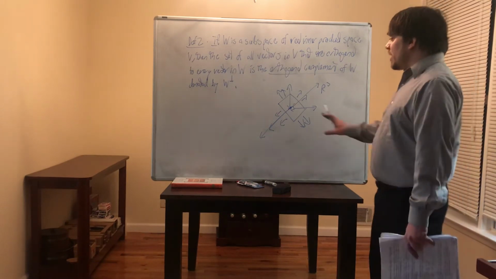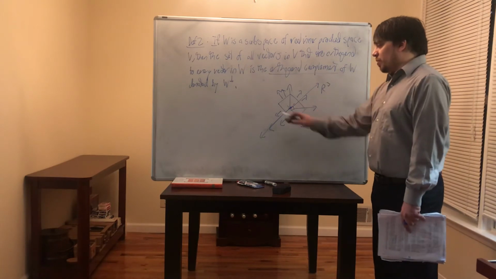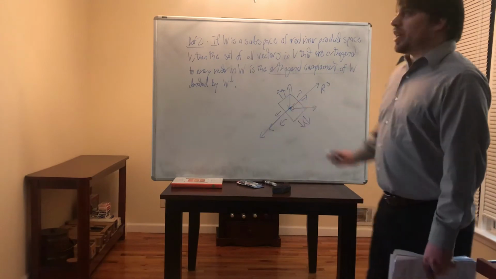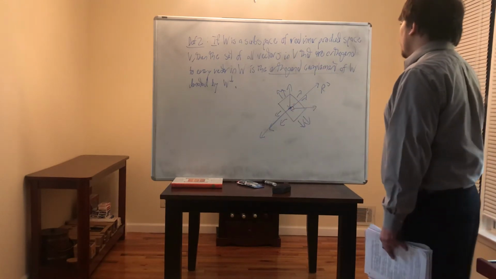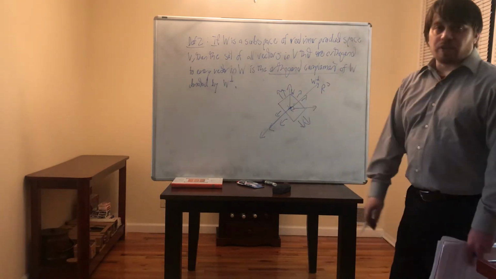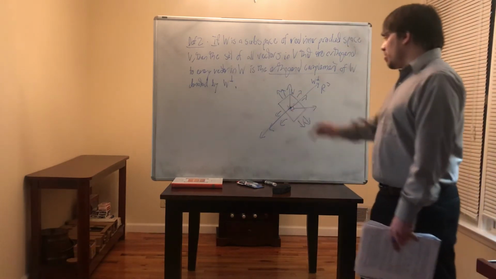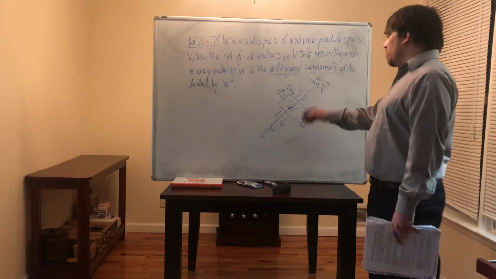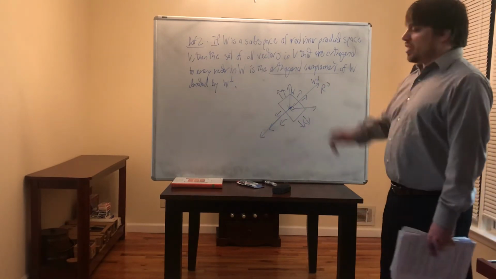So if you had the standard inner product on R3, then the line going through this plane perpendicular to it, all the vectors on that line would be the orthogonal complement of the subspace W in R3. Okay, this plane would be the subspace W, and then all the vectors on the line perpendicular to that plane through the origin, that would be W complement.